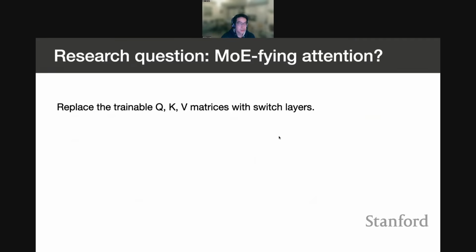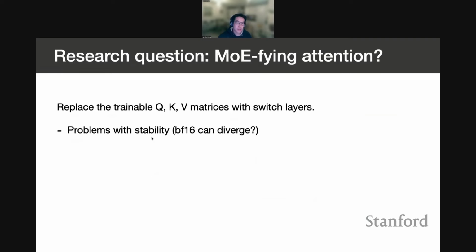This is quite an old idea from 2022 in the Switch Transformer paper. The idea is you can replace the trainable QKV matrices with switch layers. So instead of doing a standard matrix multiplication, you can do an SMoE, with a gating layer and then some dense layers for the QKV matrices.